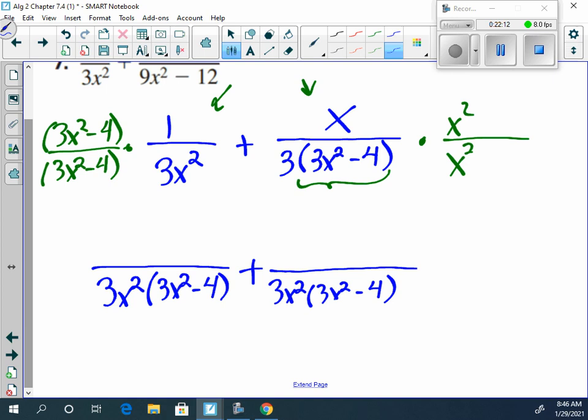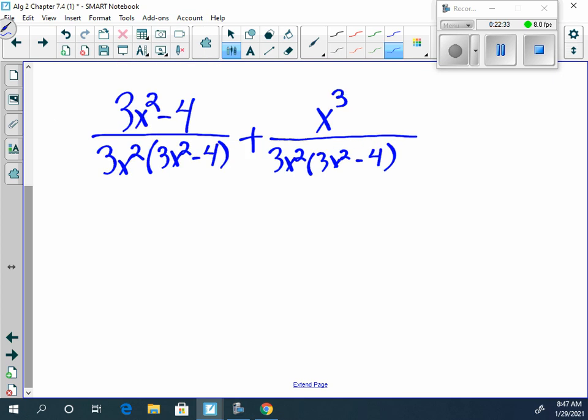Now the numerator of the first one here, we're going to have to multiply both of these by 1, which would just be 3x squared minus 4. Yes, because x squared times x would give us x cubed. And last but not least, we need to add the like terms together.